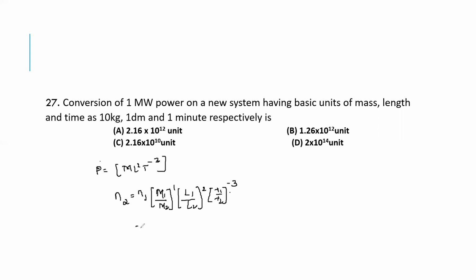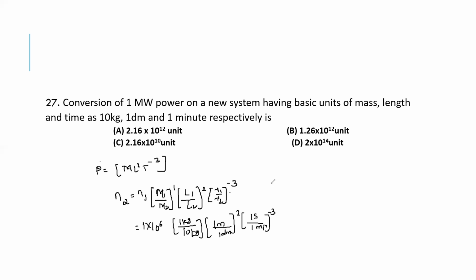So n1 they have given 1 megawatt, therefore it is 1 into 10 to the power of 6 into bracket, it is 1 kg divided by 10 kg to the power of 1, and here it is 1 meter divided by 1 dm to the power of 2, and here it is 1 second divided by 1 minute to the power of minus 3.